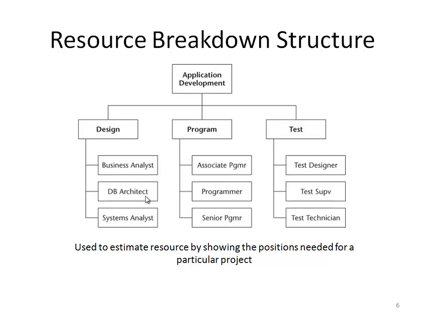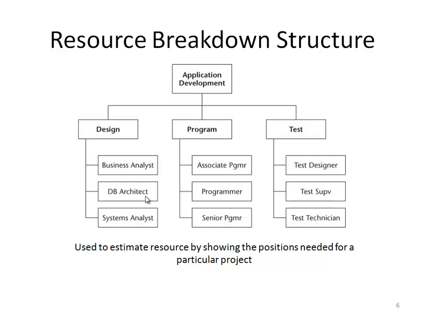As shown in this resource breakdown structure, the personnel resources are assigned based on the different activities and different employee-related skills. For example, in the design, we need a business analyst, a database architect, and a system analyst.